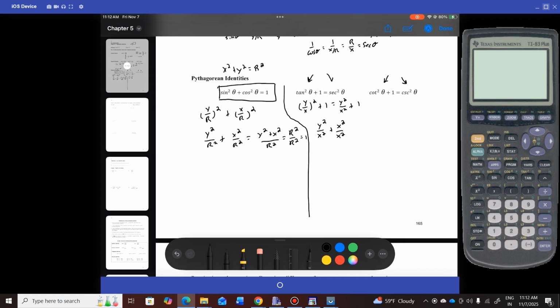And so this becomes y squared plus x squared over x squared, which is r squared over x squared, which is r over x squared, which is secant squared.